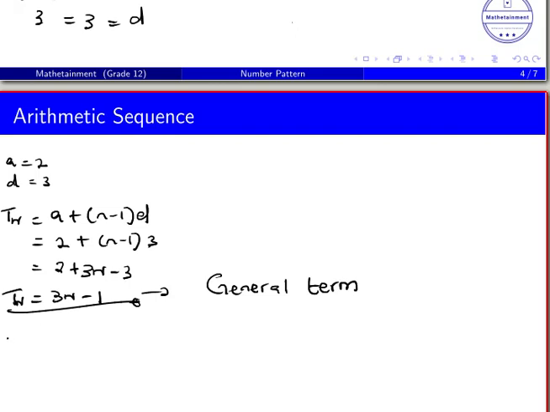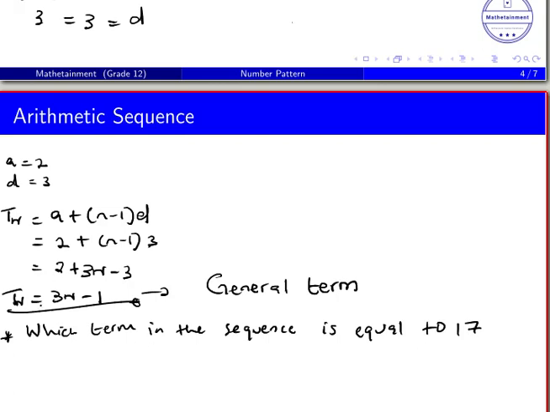And you can also get a question that says, which term in the sequence is equal to 13.